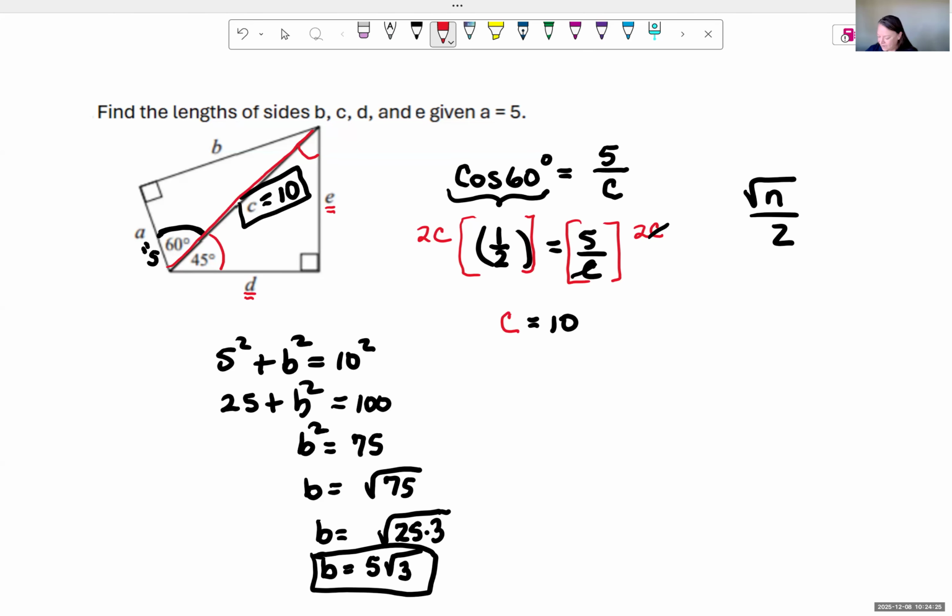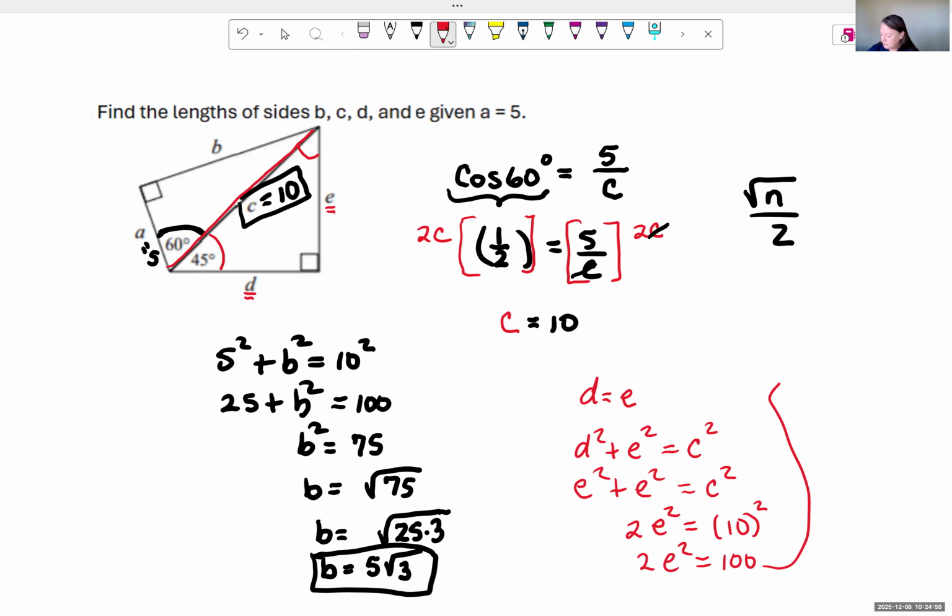So if I knew D is equal to E, then when I rewrote D squared plus E squared equals C squared, I can say D is the same thing as E, so E squared plus E squared equals C squared, or 2E squared equals C squared, but we're given C, so let's just replace that with 10. So 10 squared. So 2E squared equals 100.